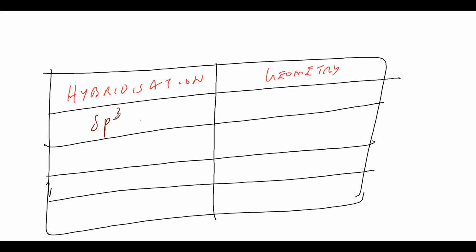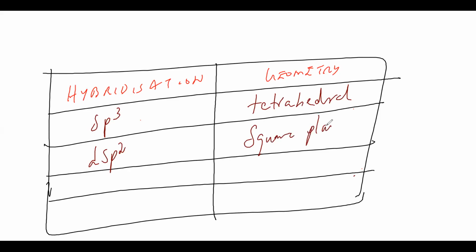sp3 is tetrahedral, dsp2 is square planar, d2sp3 is octahedral, and sp3d2, that is not possible.